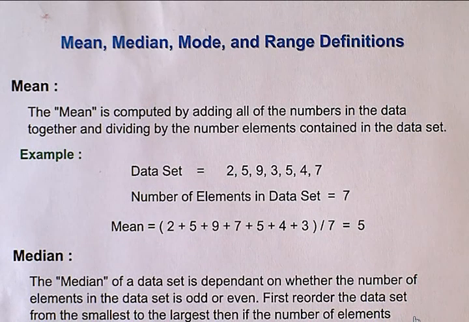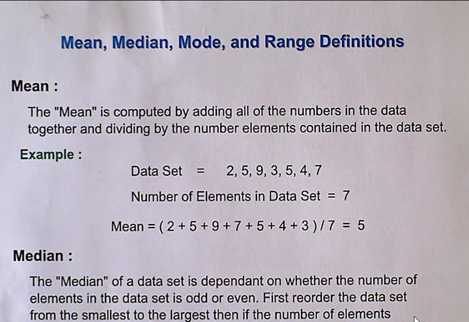Okay, all of these except range are considered ways of finding a center of a set of data. One way we find that center is called the mean. It's also called the average. It's computed by adding all the numbers in the data together and then dividing by the number of elements in the set.